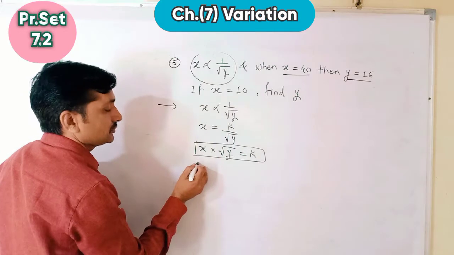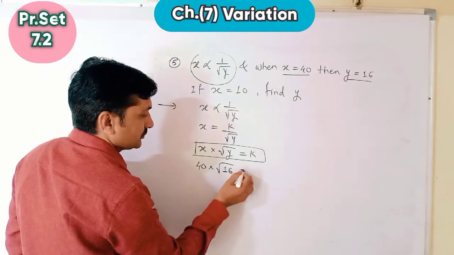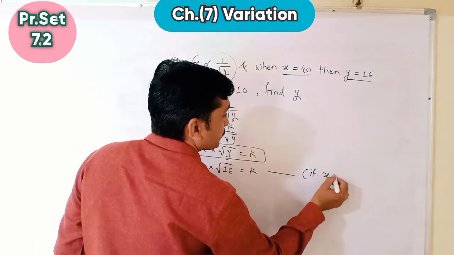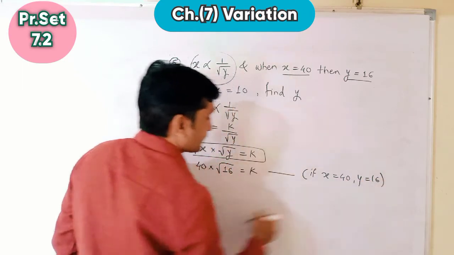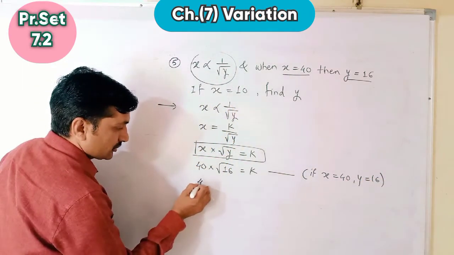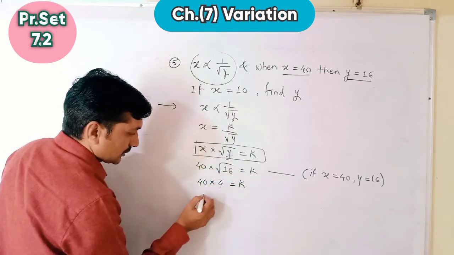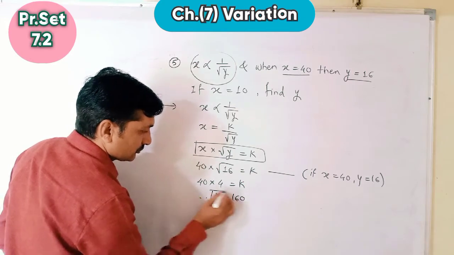Put these values here. x is equal to 40 multiplied by root y, which is 16, is equal to k. In bracket I write the given values: if x is equal to 40, y is equal to 16. 40 multiplied by square root of 16, which is 4, is equal to k, and therefore k is equal to 4 4s are 16 and 1 more 0, 160.